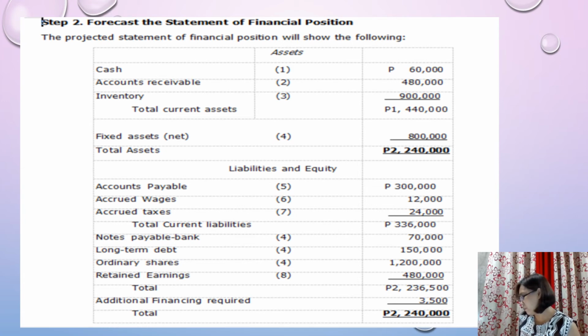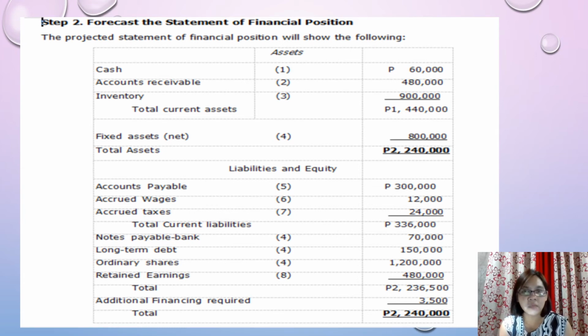Again, para makuha po yung 60,000, kukunin nyo po yung 2.5% ng 2,400,000. So, multiply nyo lang po sa 0.025. Okay.